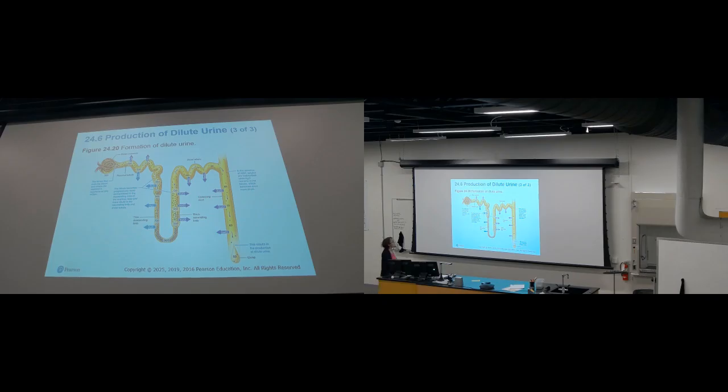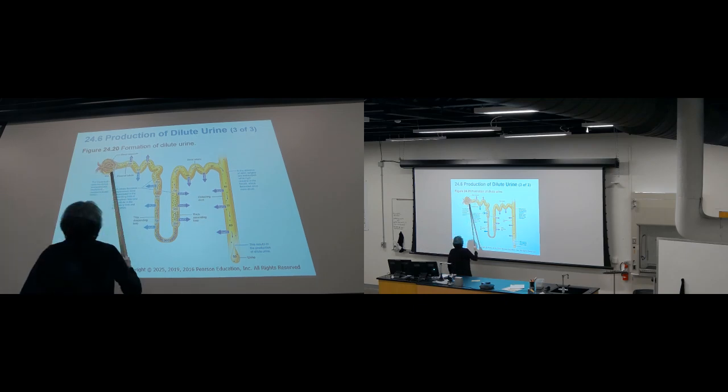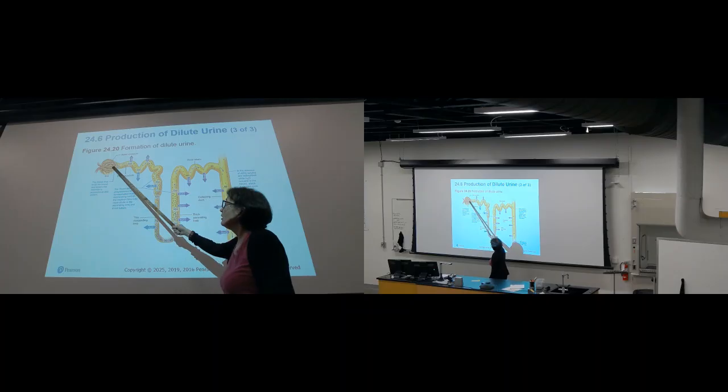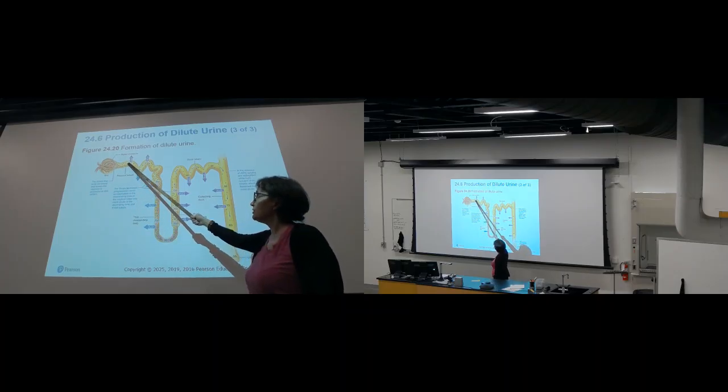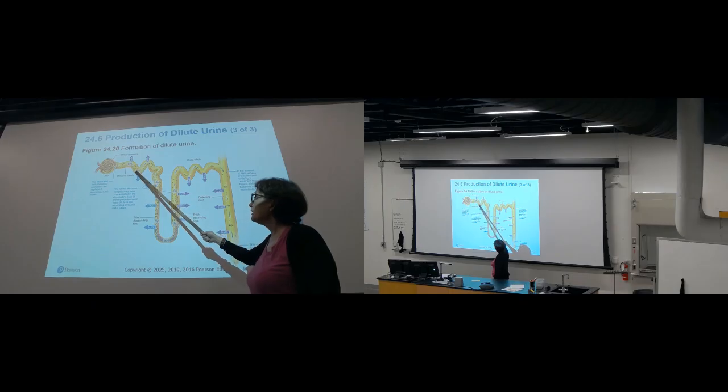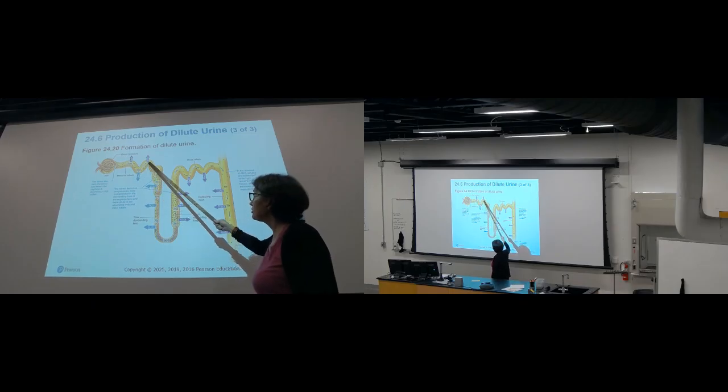So here are the changes of this osmolarity. In your corpuscle, you have 300 milliosmoles of the filtrate. When the filtrate moves into this PCT, which is now called tubular fluid, here you have 300 milliosmoles.